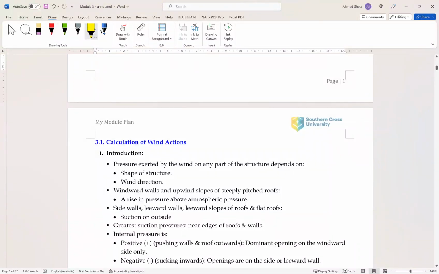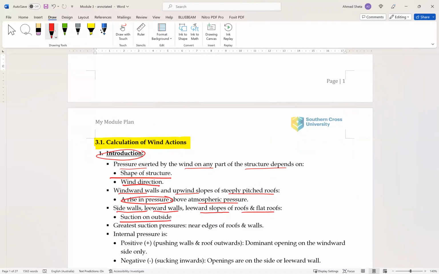So the first section we have today is calculation of wind action, and here's some introduction about wind action. The pressure exerted by the wind on any part of the structure depends on the shape of the structure and wind direction. In windward walls and upwind slopes of a steeply pitched roof, there is a rise in pressure above the atmospheric pressure. For side walls, leeward slopes of roofs and flat roofs, there is suction on the outside.